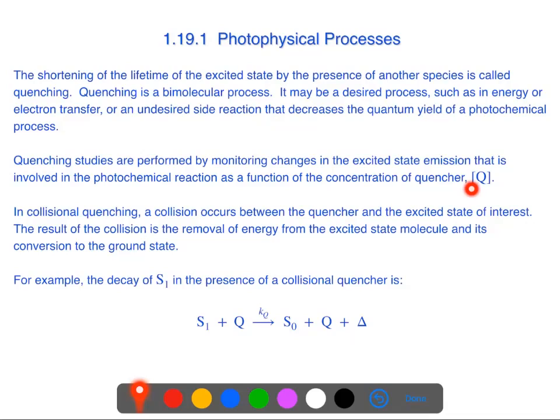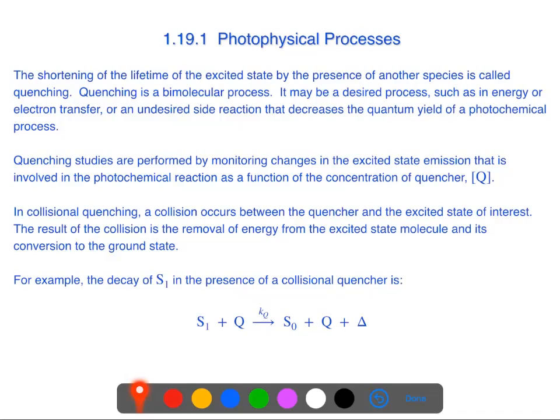We use the symbol uppercase Q to represent that quencher concentration. In collisional quenching, a collision occurs between the quencher and the excited state of interest, S1 or T1. The result of the collision is the removal of energy from the excited state molecule and its conversion to the ground state.